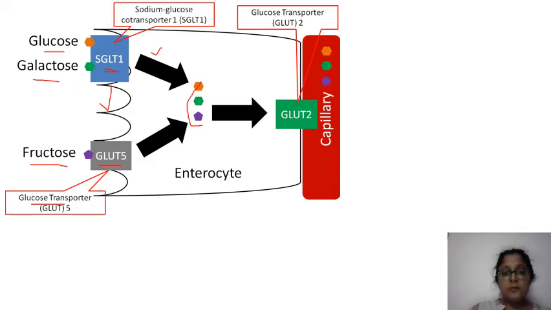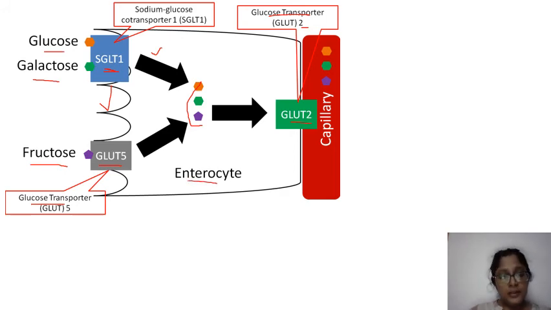Now all of them will be carried to the capillary with the help of GLUT2, that is glucose transporter 2. So glucose and galactose, as they have the aldehyde group, will be actively transported. Active transport means energy will be used for their transport, and it will depend on the sodium glucose co-transporter, which will carry them to the enterocyte.